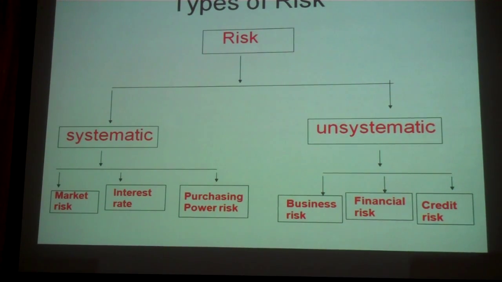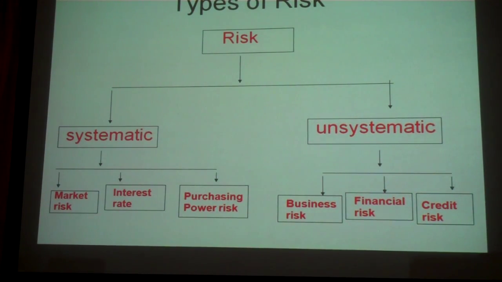Risk is classified into two main parts, systematic and unsystematic risk. The names might be different, but the classification is almost the same in organizations also. At the top level, a CEO of the company should be well aware of the risk taken by the company, what types of risk can be classified as systematic and what types as unsystematic.